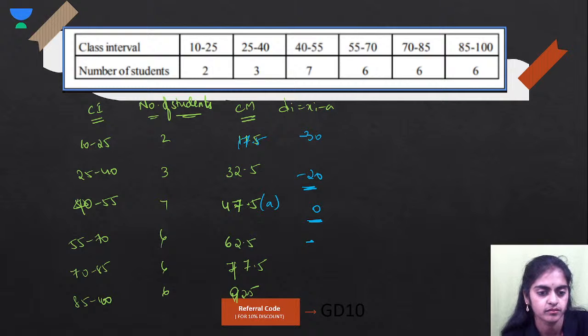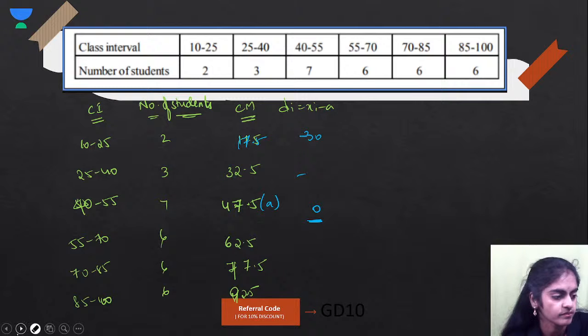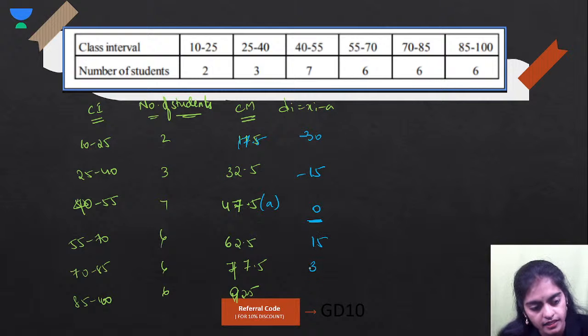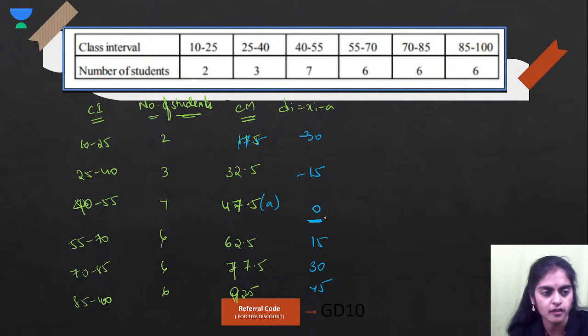Let me just check. This is 15 here. So here you see this is minus 30, minus 15, 0, 15, 30, 45. Okay, so this is how you got the data.